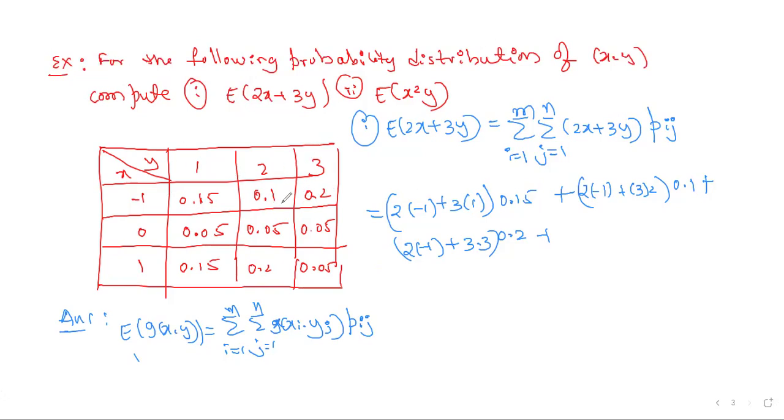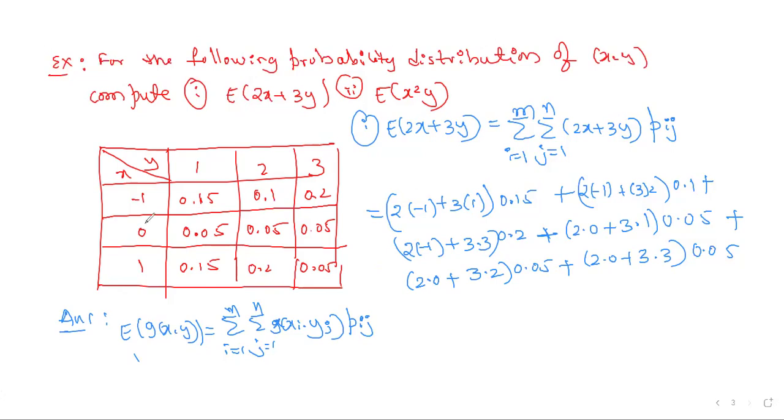Now we fix 0 and go through the values of y: 2 into 0 plus 3 into 1 with 0.05, plus 2 into 0 plus 3 into 2 with 0.05, plus 2 into 0 plus 3 into 3 with 0.05. So with respect to x equal to 0, all the values of y are completed.